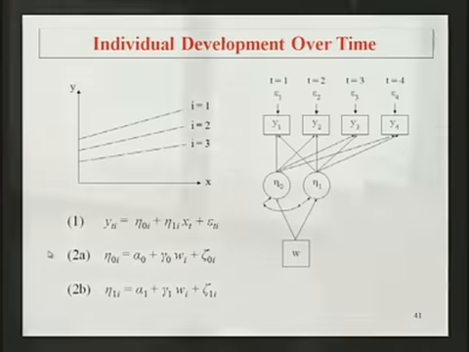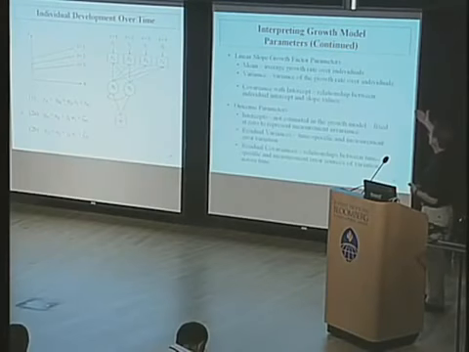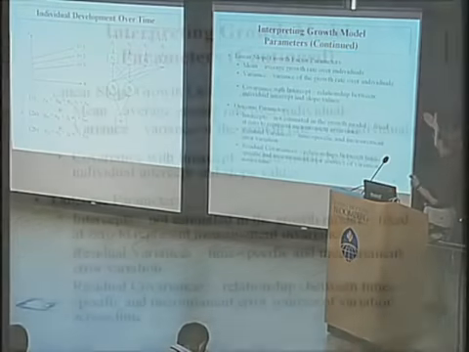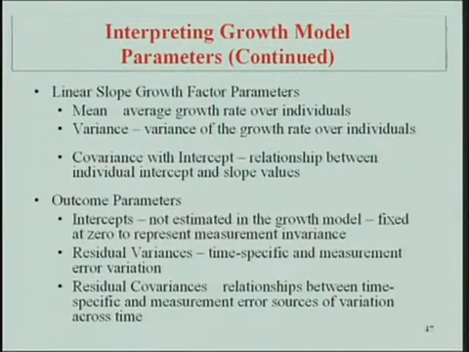So here you have it laid out: linear growth slope factor parameters, mean, average, variance, covariance. Very often those who start higher grow faster, so you have a positive covariance between the intercept and slope. And then some other things.